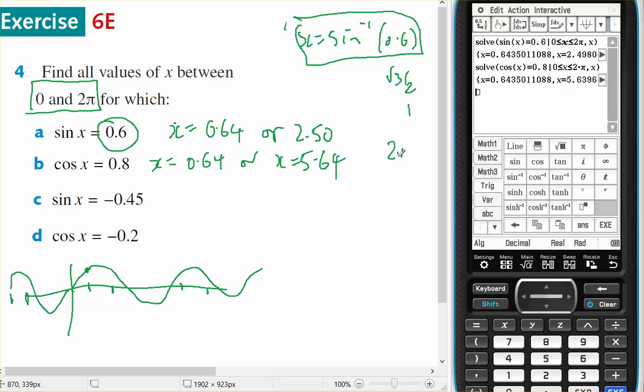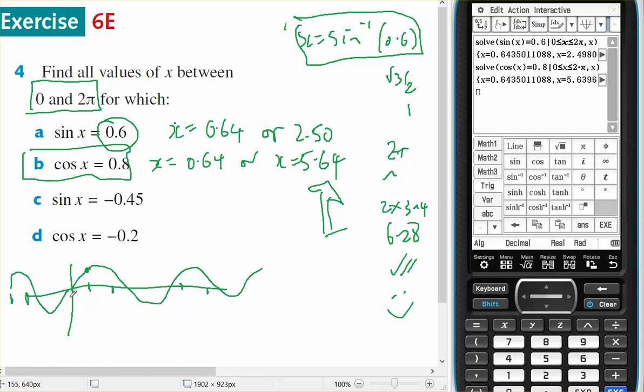Remembering 2 pi is roughly 2 times 3.14, so 6.28, and 5.64 is less than 6.28, so it's within the domain. That's how you do this particular question.